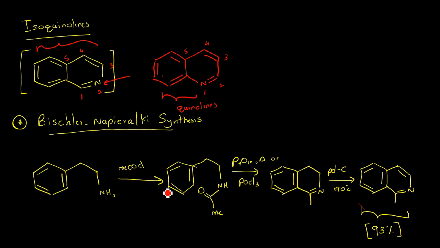So it involves a few steps, and when we compare this reaction with our previous synthesis methods, I would say this is a little bit complex, right? It's not that complex, but there are a few chemistry-related things involved in this particular reaction.